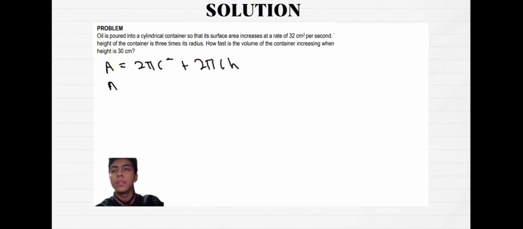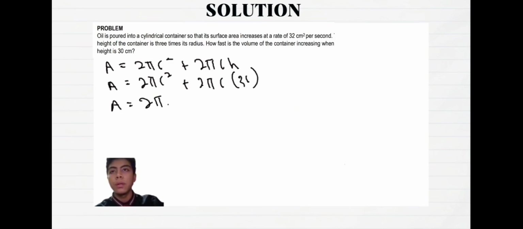Then we just substitute the h value with 3r, because we want the value in terms of r. So we get 2 pi r squared plus 2 pi r times 3r, which is 2 pi r squared plus 6 pi r squared. Adding these, we get 8 pi r squared.